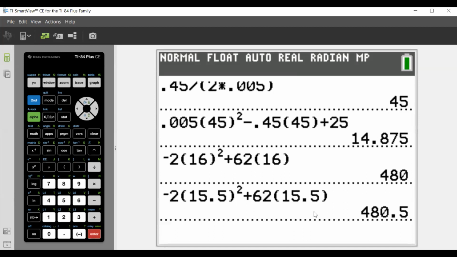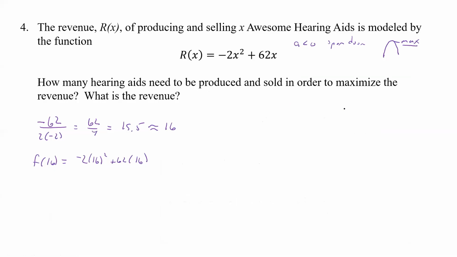Okay, so the actual vertex is 15.5, 480.5, but we're rounding up, and so when we round it up to 16, that gives us only 480.